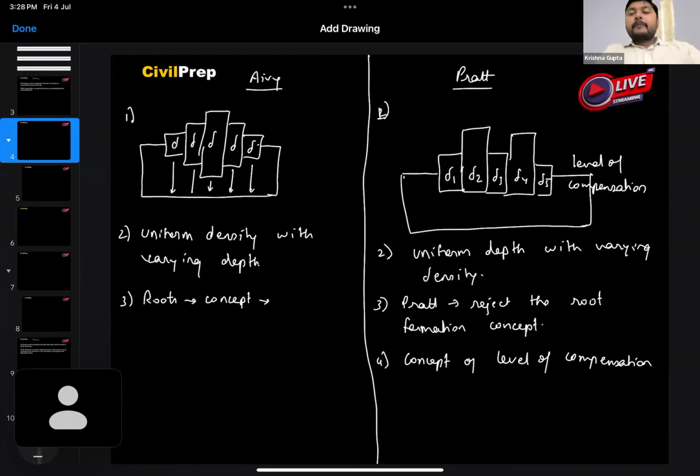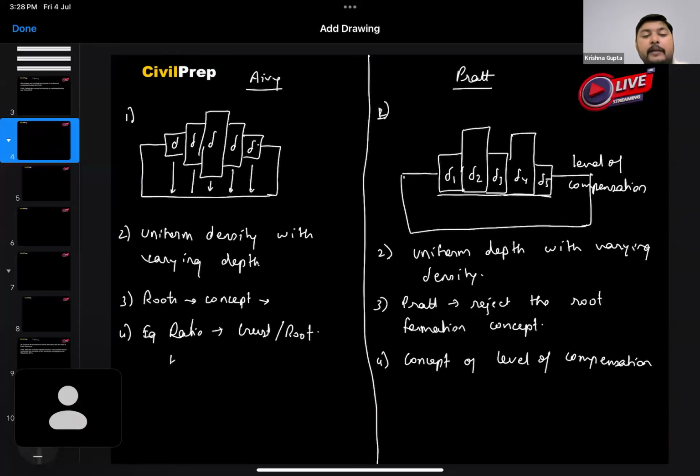So according to Pratt, the Earth's crust is present almost at a uniform level. Okay, but as per Airy, there is formation of root. So according to Airy, there was something quite peculiar. For example, he has given a ratio for the crust and root.